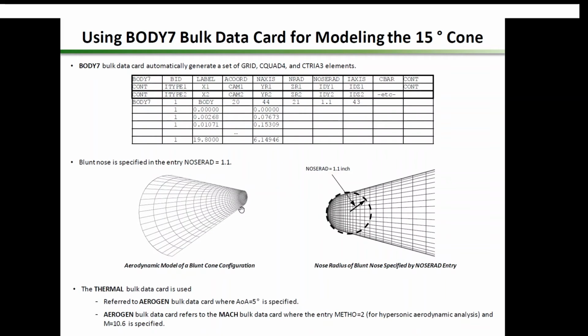Each station will have 21 points around the body, and we define the nose radius to be 1.1 inch, and the round nose cone ends at the 43rd station. So the THERMAL Bogota card is used to refer to the AEROGEN card, where angle of attack equal to 5 degrees is specified. The AEROGEN card refers to a MACH card, with entry metric 2 for hypersonic aerodynamic analysis, and the Mach number is 10.6.